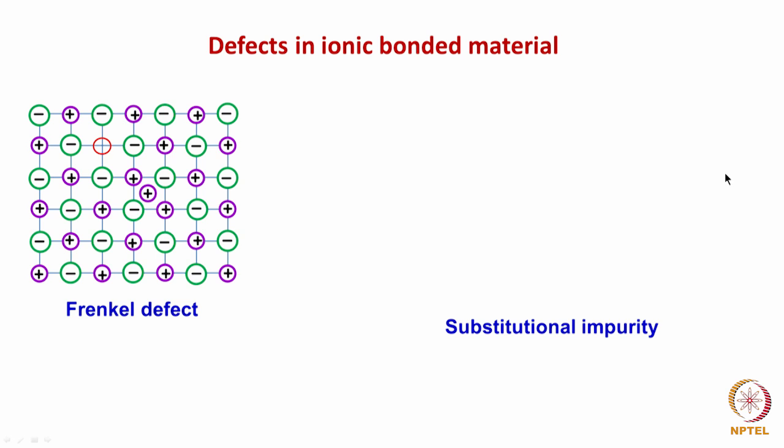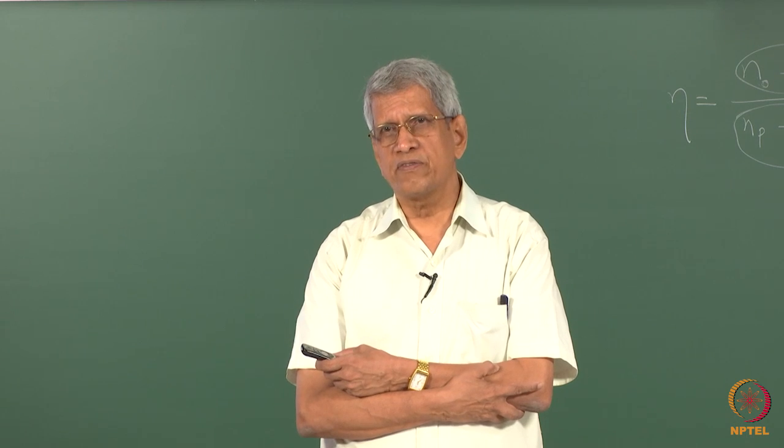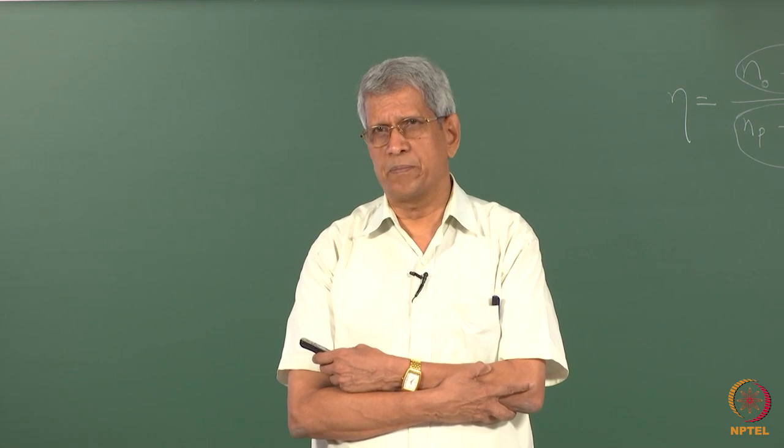As I mentioned earlier, most of the materials are imperfect. We can have impurity atoms in that material. This impurity can have a charge state which is different from that of the other ions present in the sample.